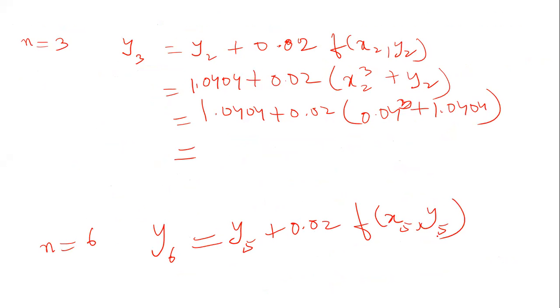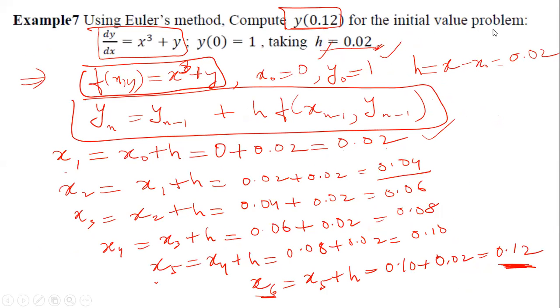Once you arrive at the y5 value, you can use that to find the value of y corresponding to x equal to 0.12. Once you obtain the value of y at x equal to 0.12, your problem is solved. Okay, so this is how we use the Euler method to compute the value of y from this differential equation.